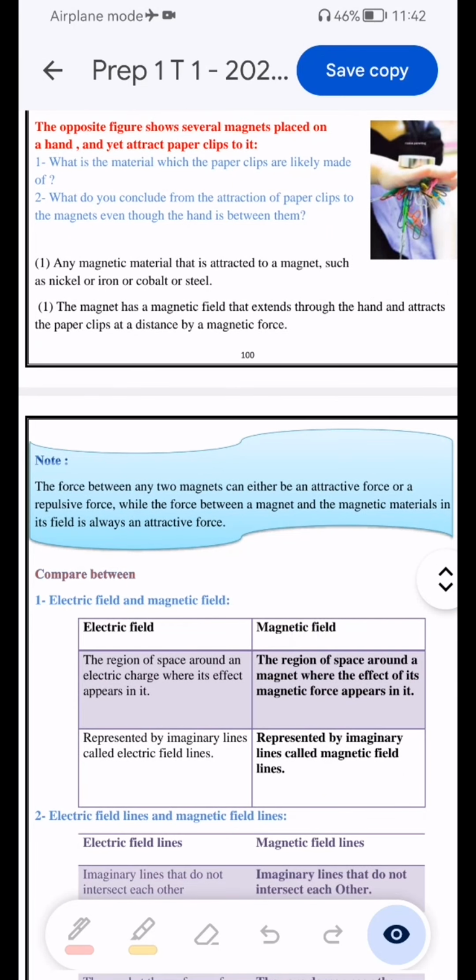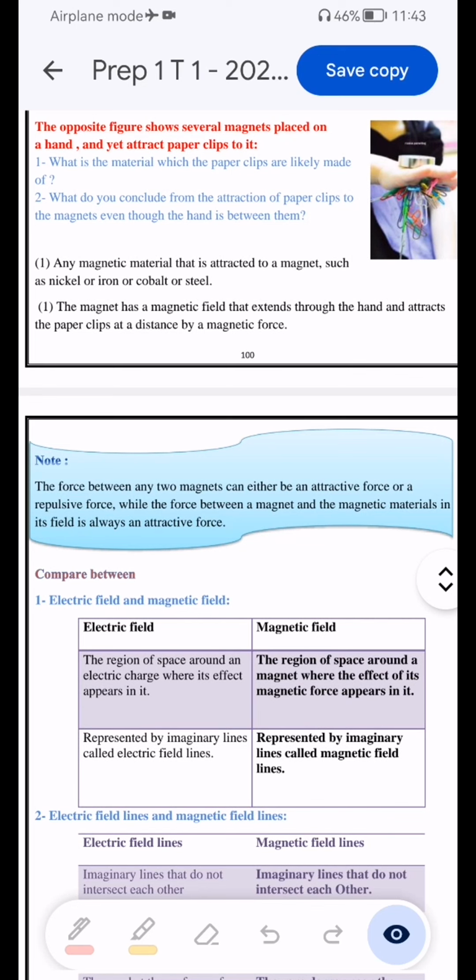If we have two magnets, repulsion or attraction may occur. Repulsion occurs if two poles close to each other are the same poles, and attraction will occur when we bring different poles close to each other. But when you put a magnetic material close to the magnet, only an attraction force occurs.